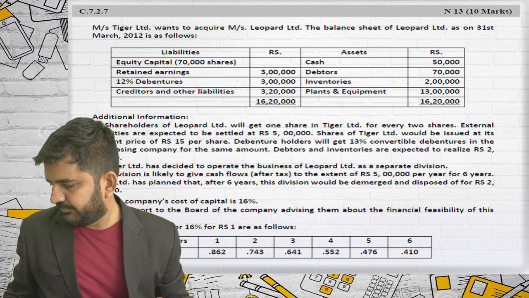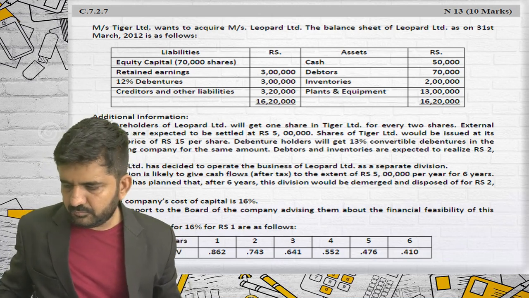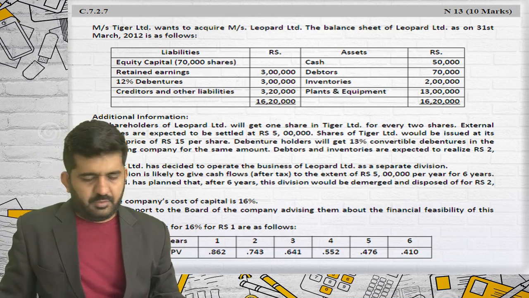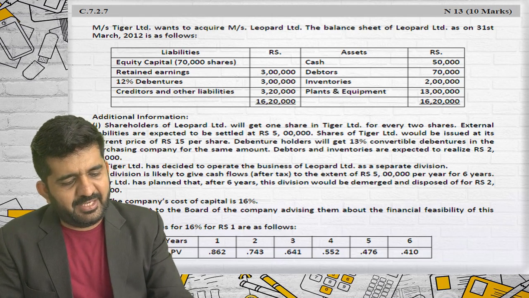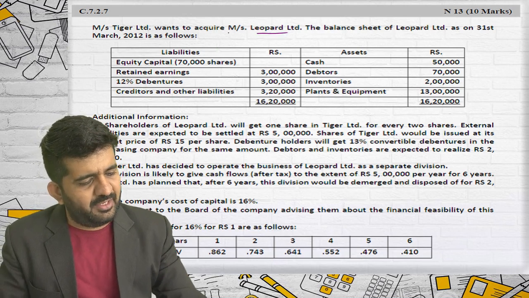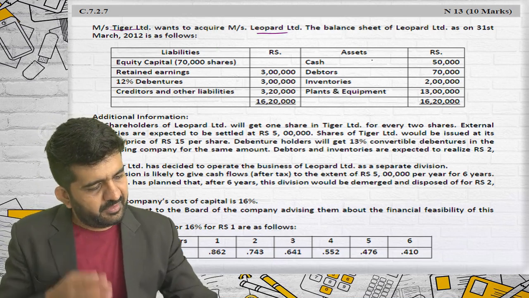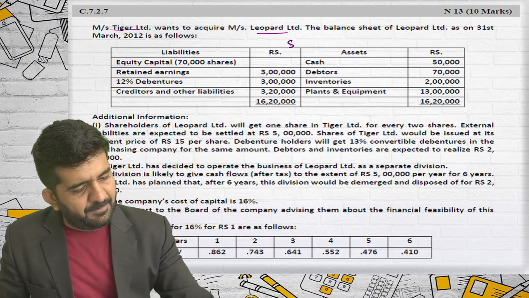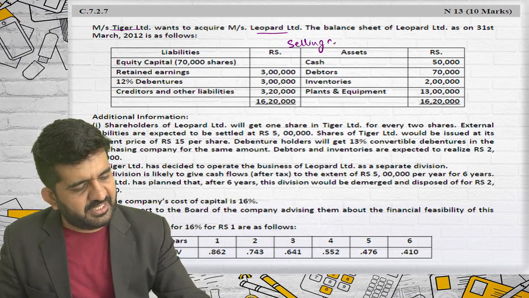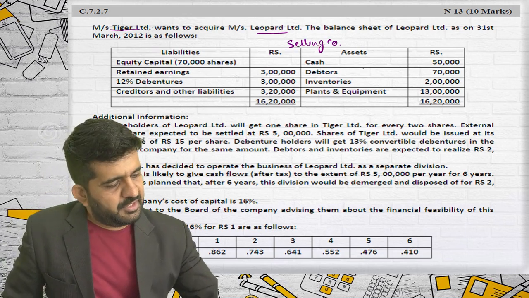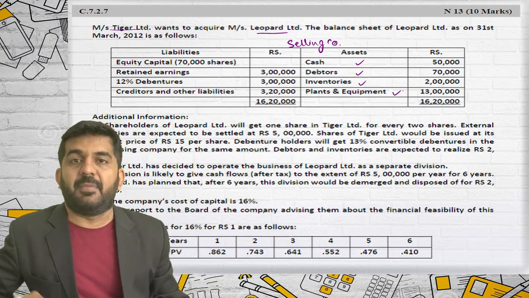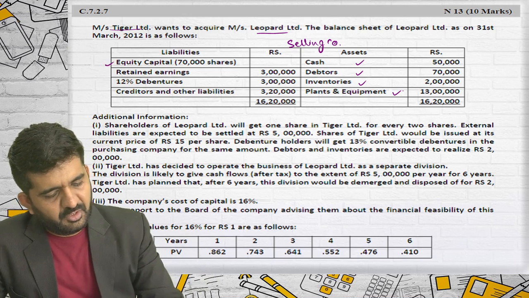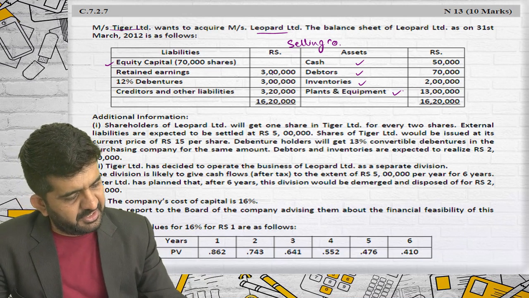7.2.7. MS Tiger Limited wants to acquire Leopard Limited. The balance sheet is of the selling company, Leopard Limited. Cash is there, debtors is there, inventory is there, plant and equipment is there. Equity capital 70,000 shares.